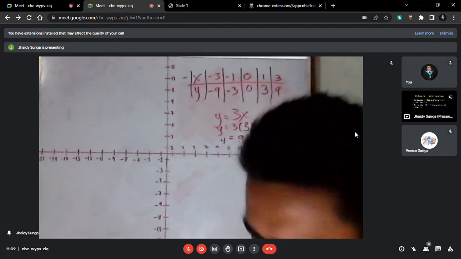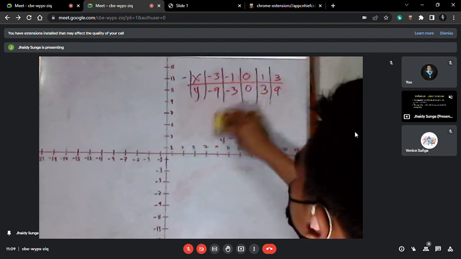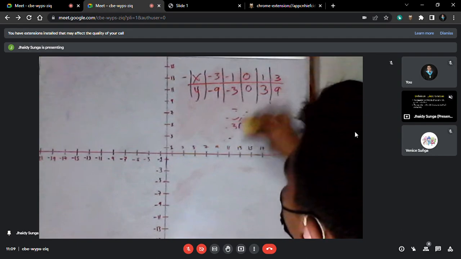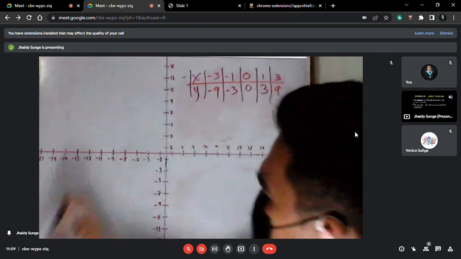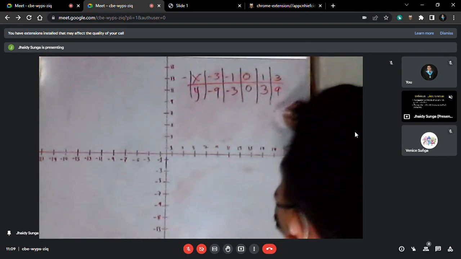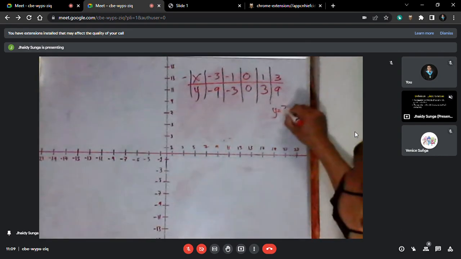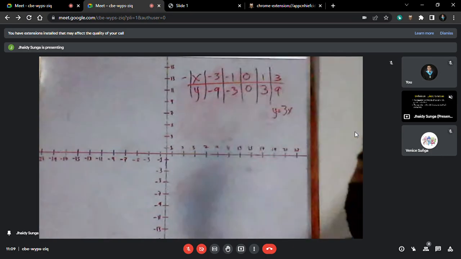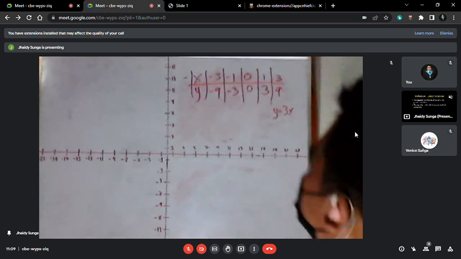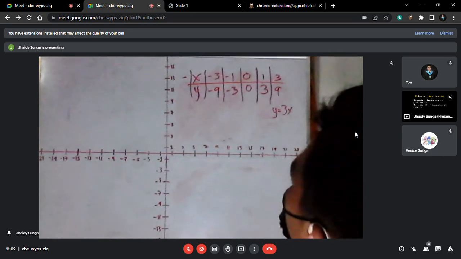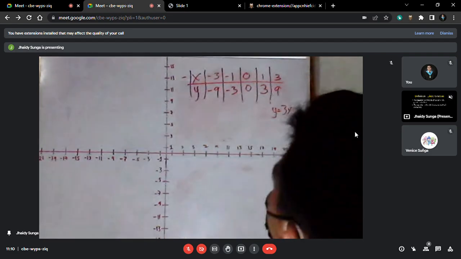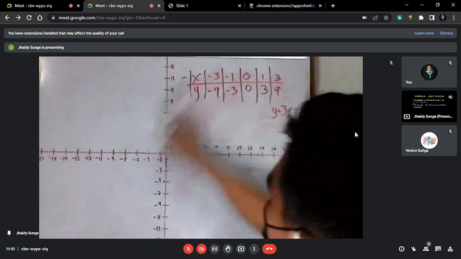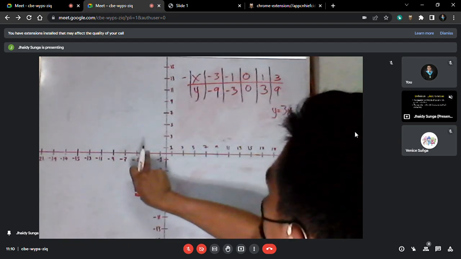So, sir, what is the connection? How are we going to know if that is a line or not? Okay, so from y is equal to 3x, let us try to plot the points. Your x is negative 3 and y is negative 9.